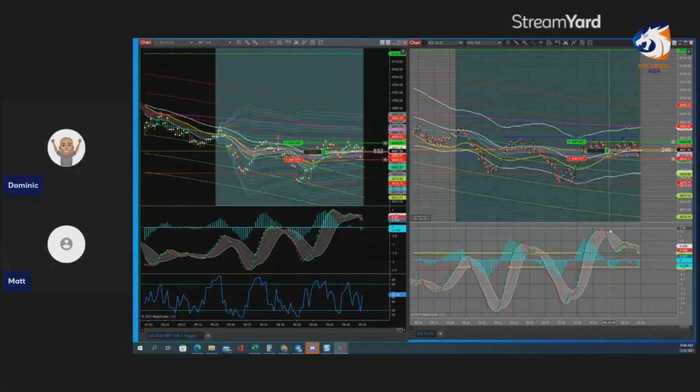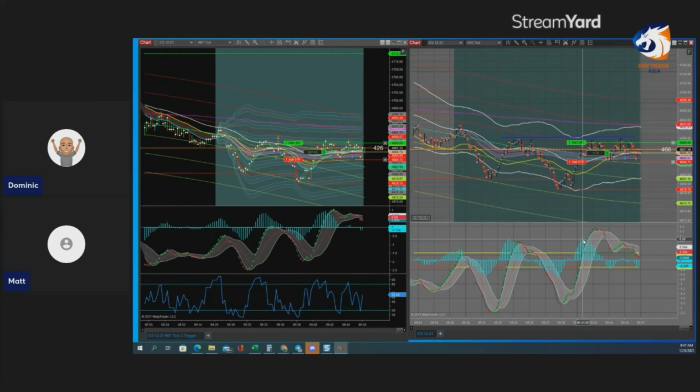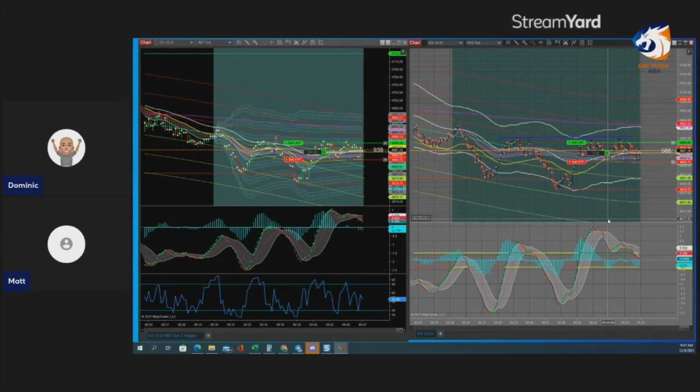And 89 would be fine. See the fill line? It's flat, meaning there's no momentum. That's why it's doing what it is right now. But I think I can get 2 points out of this.